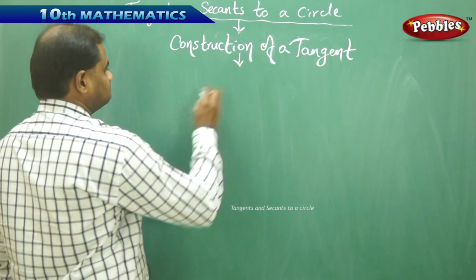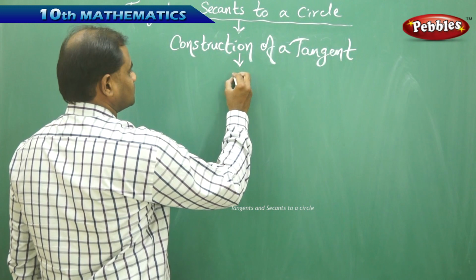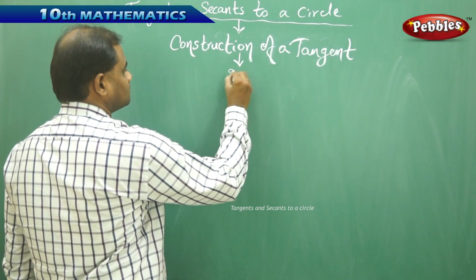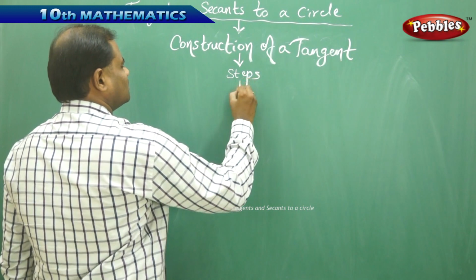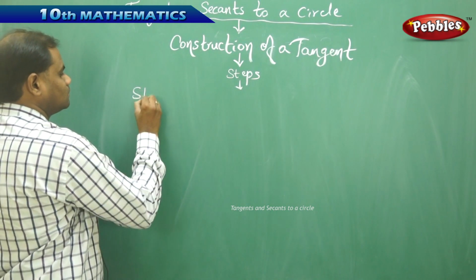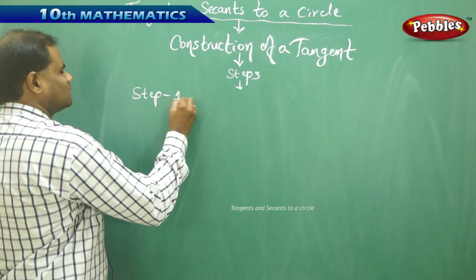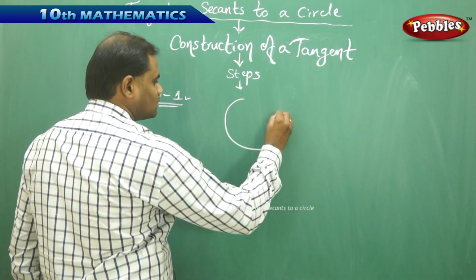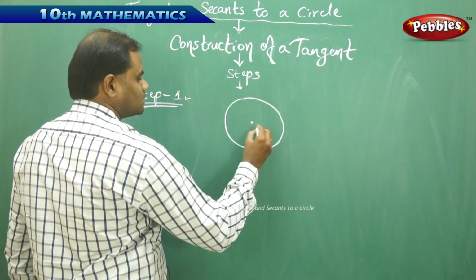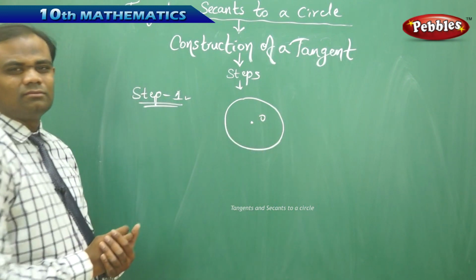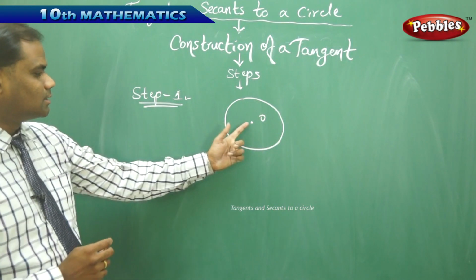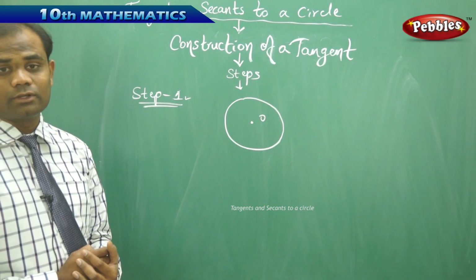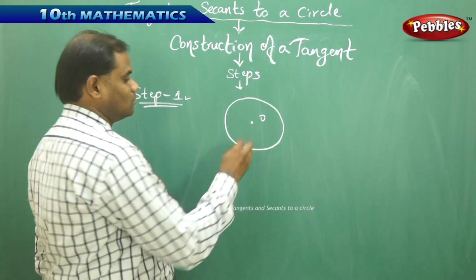So initially, let me start with the steps. So my step 1 says that draw a circle with center O. So I just draw a circle with center O is what is my step 1.